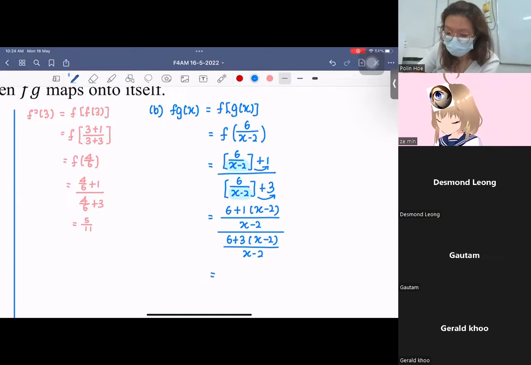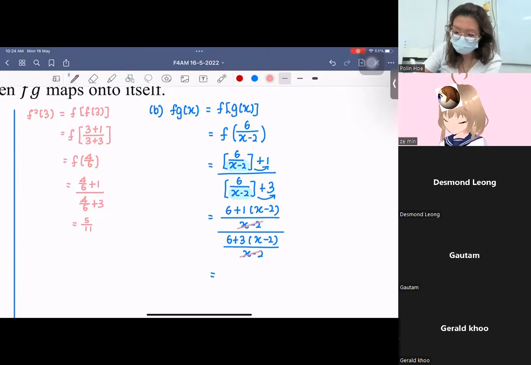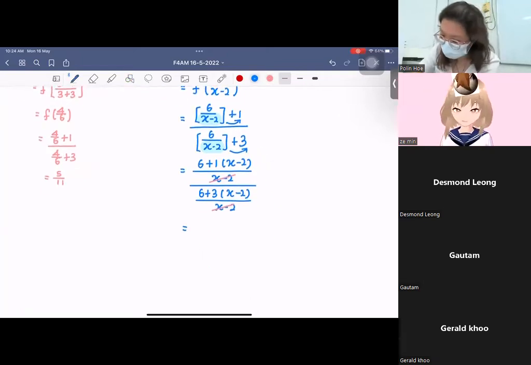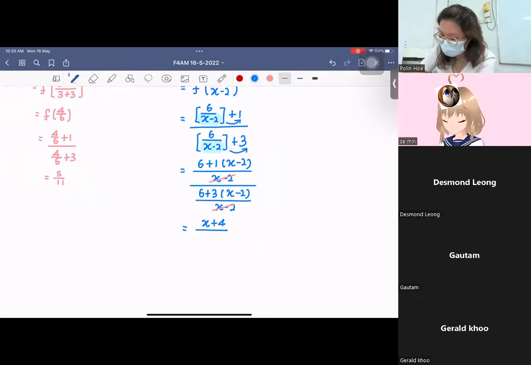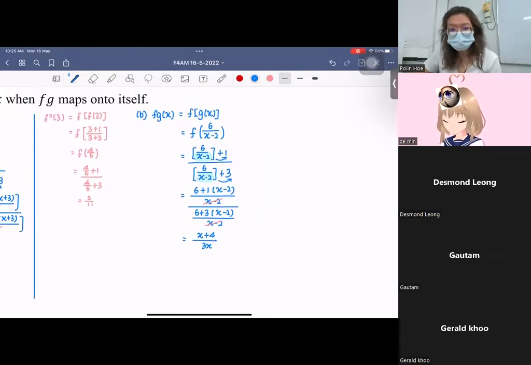The second and the fourth, if they are the same, then we can cancel. Then what you are left with? 6 minus 2, 4. x plus 4 over 3x. Correct? Finish? Yes.